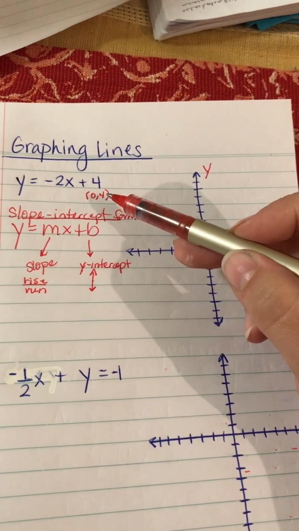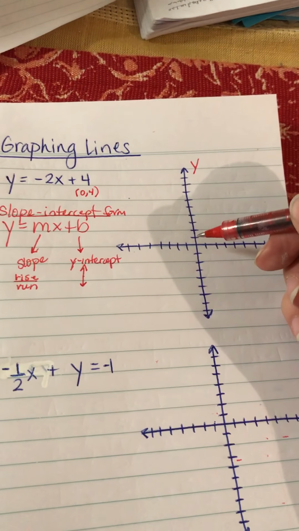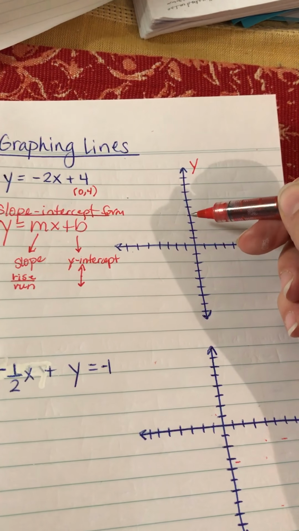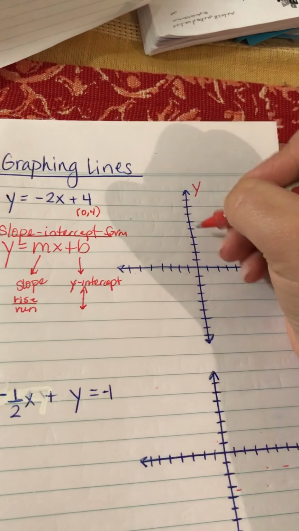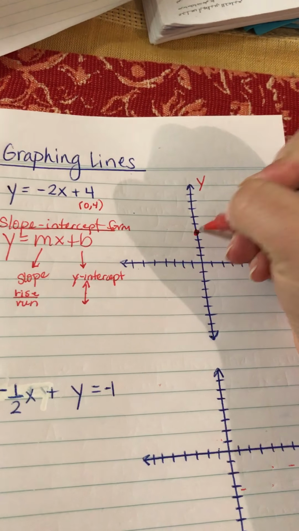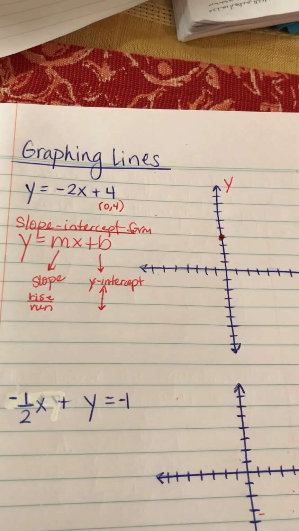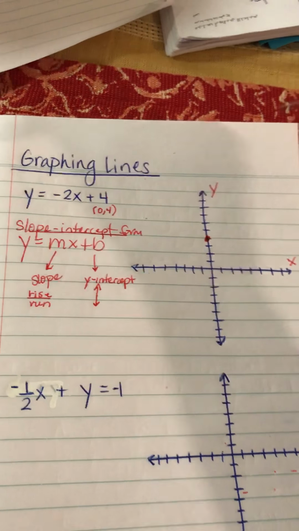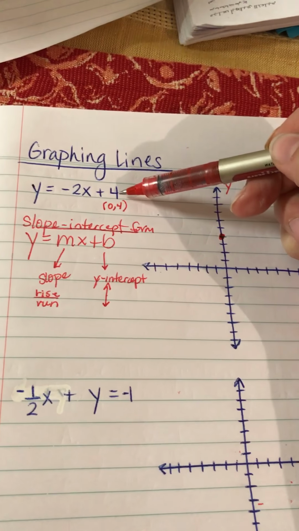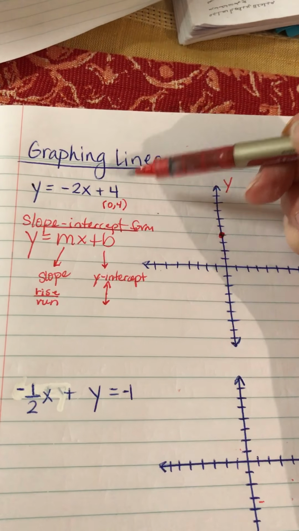So we want to be at positive 4. We're just going to put a dot, an ordered pair point, on our y-axis at positive 4 because our line equation says that we have a y-intercept of positive 4.